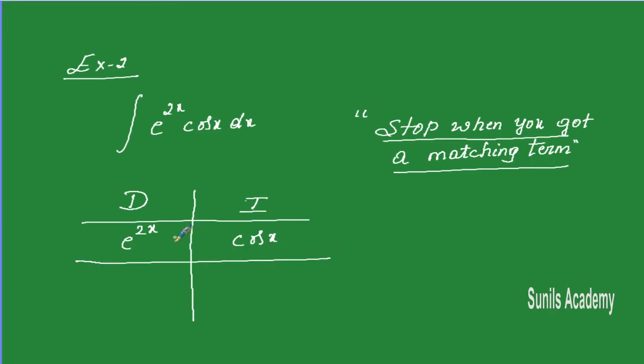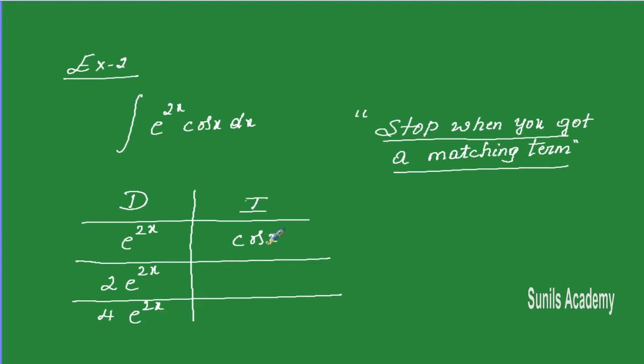Then we differentiate e to the power 2x, we have 2 into e to the power of 2x. Again differentiate, we have 4 into e to the power of 2x. You won't get 0 here, so we have to stop here.